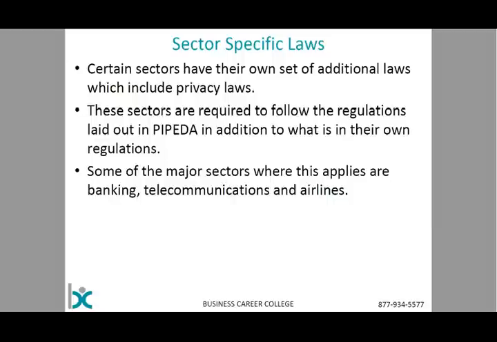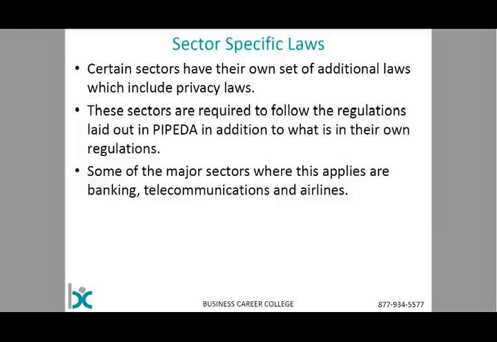So when we look at an airline, for example, they collect a higher degree of personal information than one regularly might collect in the private sector, because they'd have access to things like the content of the information on your passport. So they're more strictly regulated than a private sector business might be, who may only be collecting simple identifiable information like your home email address, your physical address, and a few demographics about you.